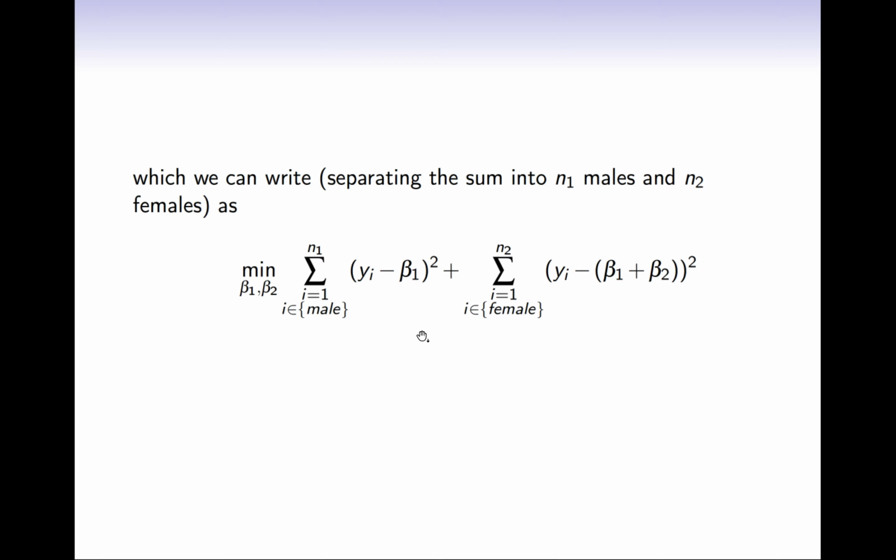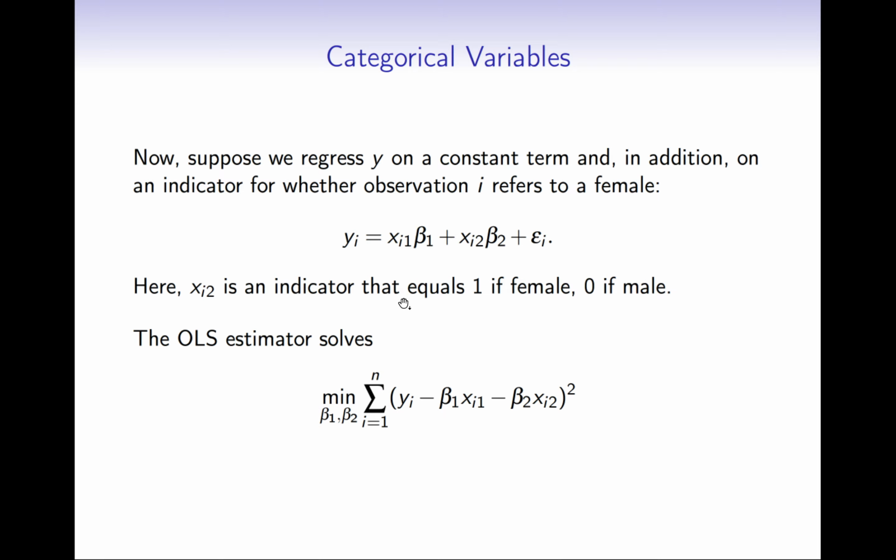I divided this up into a simpler problem so that you can see more clearly what beta 1 hat and beta 2 hat are. The summation is over all individuals, so we can divide up the summation into males and females. For males, xi2 is 0 because it's only 1 if female.